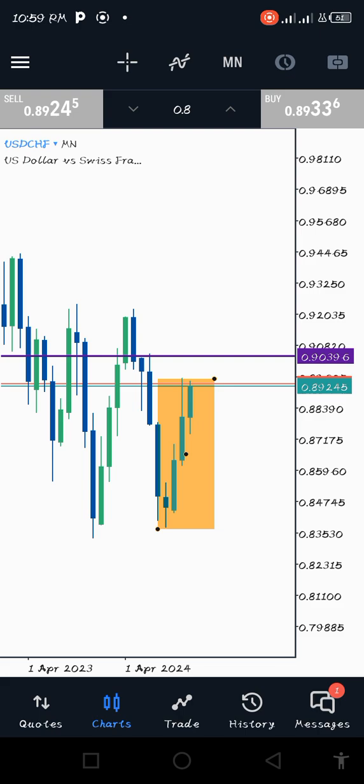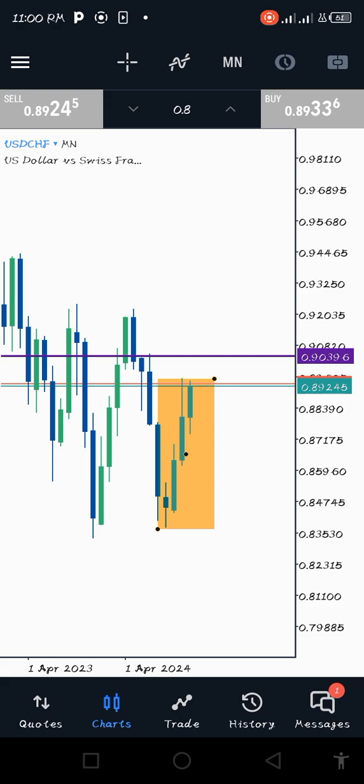It is coinciding with the news that just came out on the Swiss franc: the bank just cut their rates, meaning that the Swiss franc is a quote currency on this pair and USD is a base currency, and we are expecting the Swiss franc to fall.